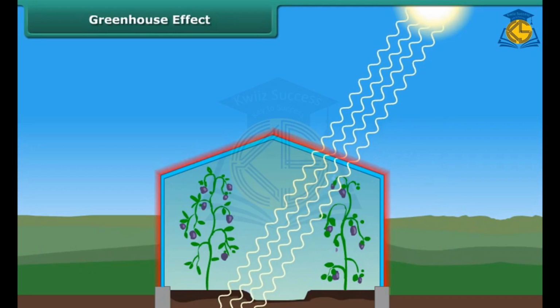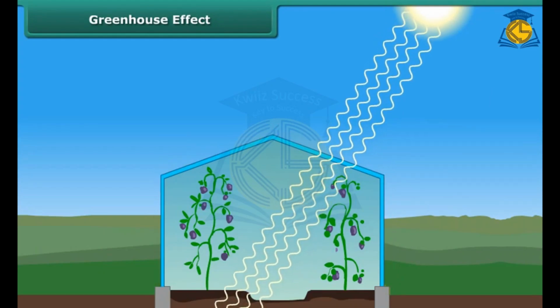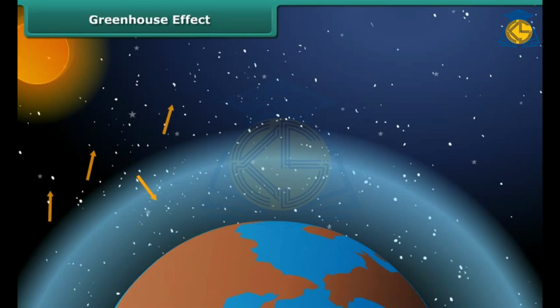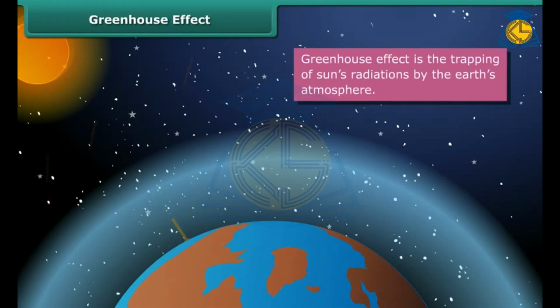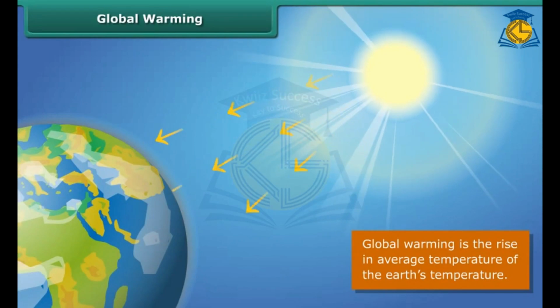Similarly, the greenhouse gases like carbon dioxide, methane, and nitrous oxide in the atmosphere act like glass panes. When the sun's radiation reaches our atmosphere, some rays are reflected back into space and some are trapped by greenhouse gases, causing the atmosphere of the Earth to warm up. Global warming means Earth is heating up.